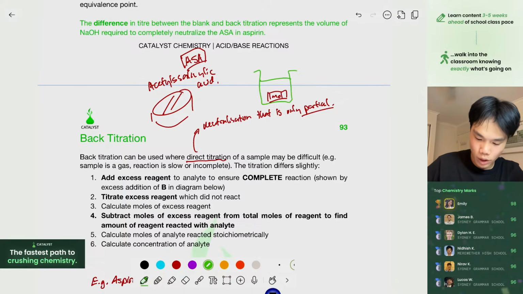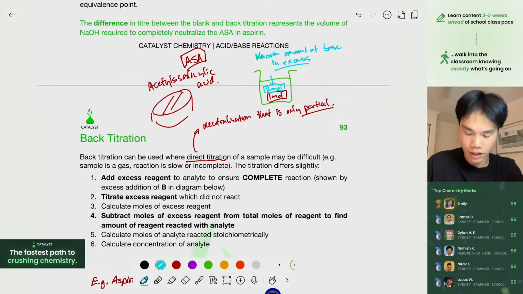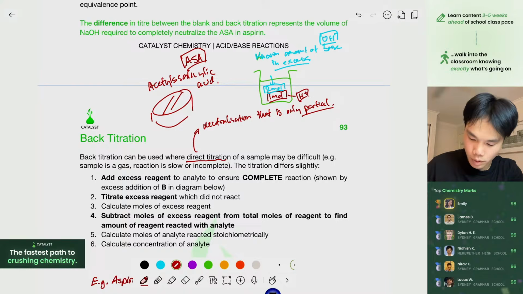A really simple way of doing it instead is you add a known amount of base, and not just a known amount, but a known amount of base in excess. So what that means is you add, let's say, 2 moles of base, with base being moles of hydroxide, and acetylsalicylic acid being moles of neutralizable H+.